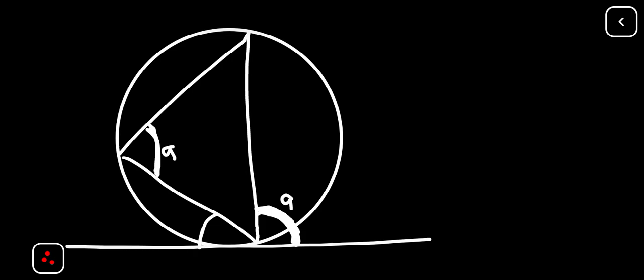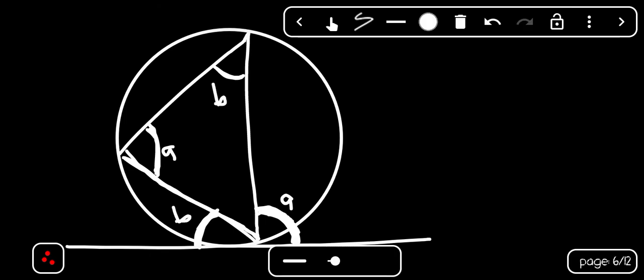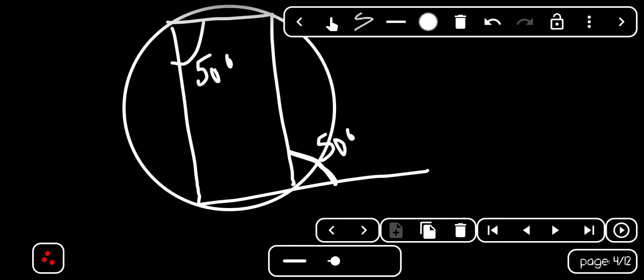The same thing for this part of this. Since this also forms a chord, so the angle to the tangent and the chord is equal to the alternate segment. So if this is B, this is B. So it's just almost like the one we did with the cyclic quadrilateral.